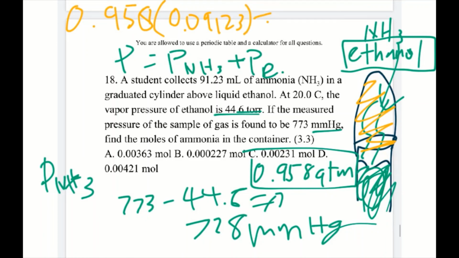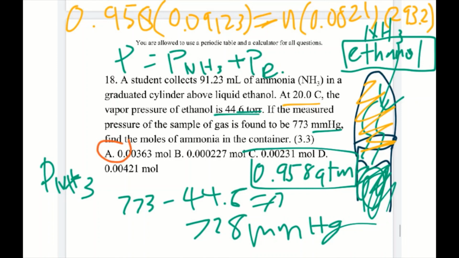And this is equal to n, which is the moles, we don't know what that is, times 0.0821 times the temperature, which is 20.0 plus 273.15. Typing that into a calculator, we get 293.2. And when you do the math, we get that there are 0.00363 moles of ammonia gas in the container, so our answer will be A.